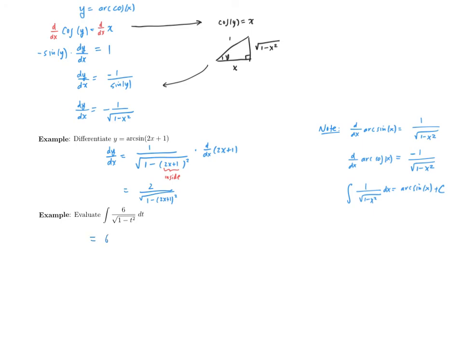So if we pull out the constant 6, and we note that this remaining indefinite integral corresponds to our formula for arc sine. In this case, it would be arc sine of t, our independent variable. And all indefinite integrals get a plus c.